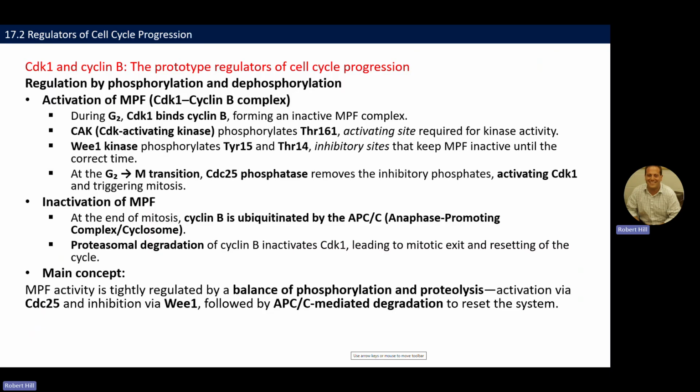Okay, so APC is the anaphase promoting complex, and C is called the cyclosome. It's a regulatory protein, and APC/C starts sticking all these ubiquitins on cyclin B, and that targets it for degradation by the proteasome. Okay, that inactivates CDK1 and resets the cycle.